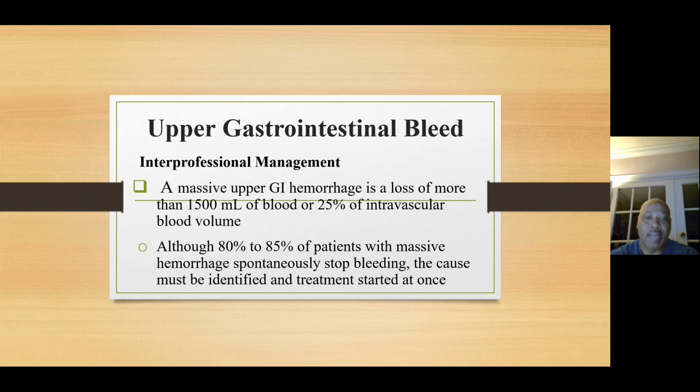Mechanical therapy with clips or bands may be used. There may also be thermal ablation, injection of epinephrine or alcohol, and this is what constricts the blood vessels, stopping bleeding. Clips and bands directly compress the bleeding vessel, which is why we use those devices.